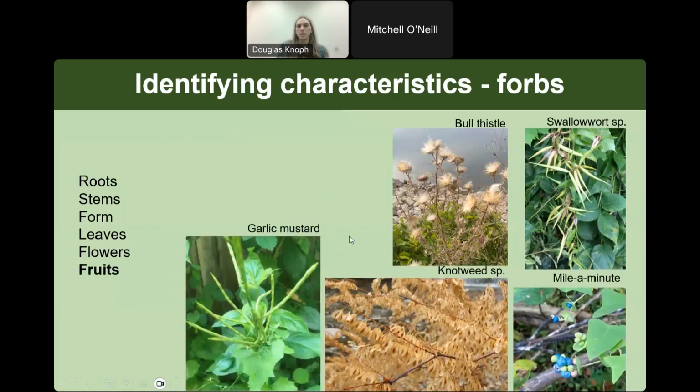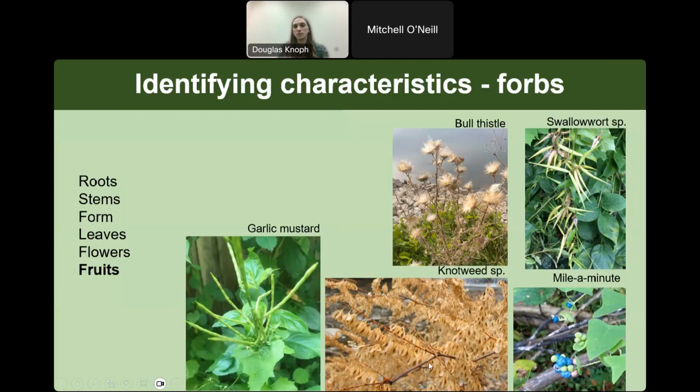And then fruit, again, great diversity in that. Things like garlic mustard have these long seed pods with hard black seed that falls down to the ground and creates that seed bank. Several species will have these wind-carried seeds that, once the pods mature and open up, have a feathery, downy substance that will carry the seed on a breeze. So things like thistle and swallowwort will have that.